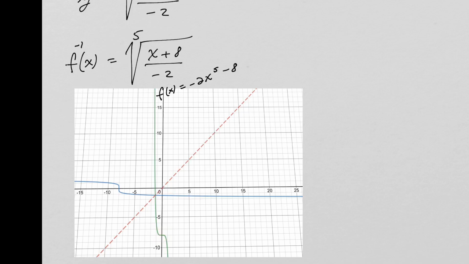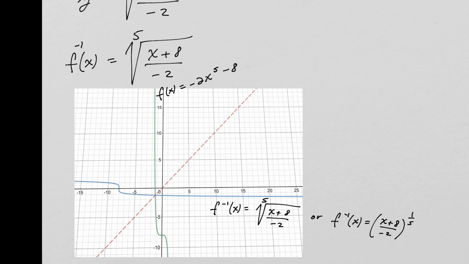And then the inverse that we found was the blue function. So we found that the inverse function was the 5th root of x plus 8 over -2. By the way, you could also write it like this: it's x plus 8 over -2, and remember, 5th root is the same as raising it to the 1/5.